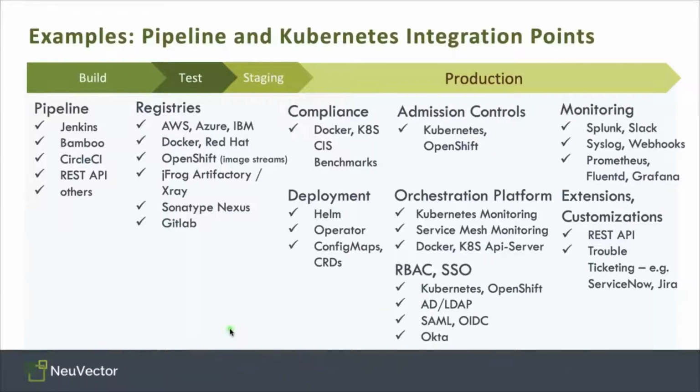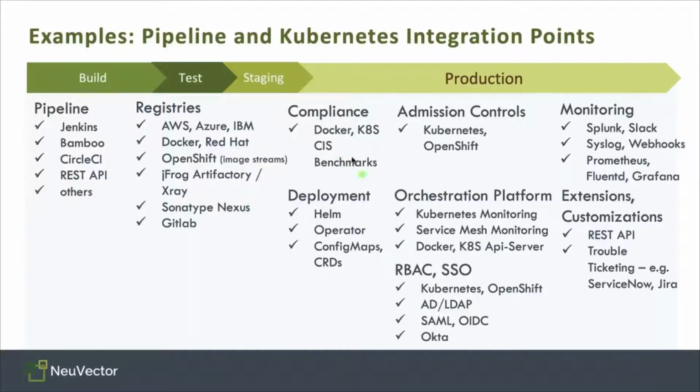Okay, so let's take a look at some examples of integration points or tools that you can integrate with in your pipeline. If we start in the build stage, whatever tool you're using for your pipeline builds should be integrated with the security tool, specifically triggering vulnerability and image analysis. Secondly, as the images go into registries, they should be scanned, and there should be integration with those registries.